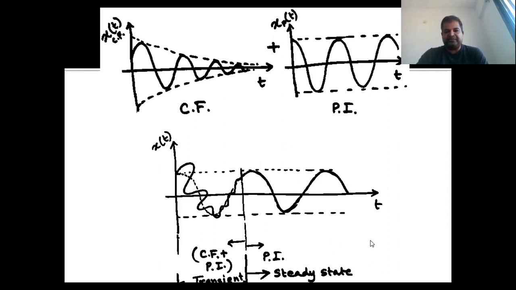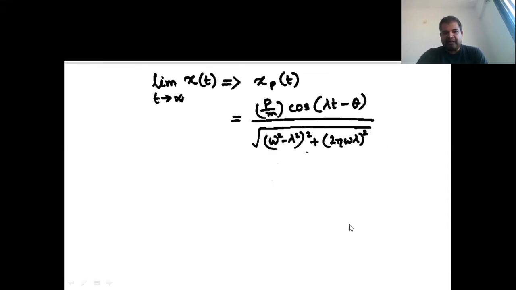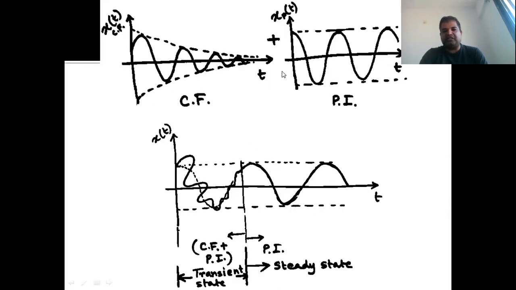So as we said, t tends to infinity is the steady state vibration. Now if I write this formula this way, if I take the limit t tends to infinity of x of t, then it is equal to what? That is nothing but the particular integral, which we have seen from this formula. When t tends to infinity, only this particular part is going to govern, which is nothing but the particular integral.